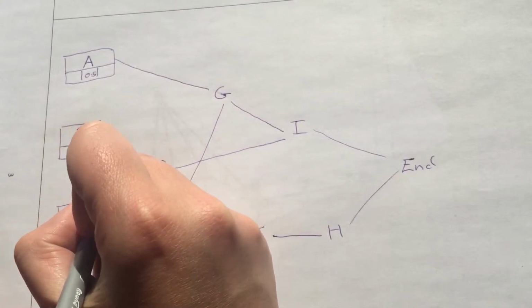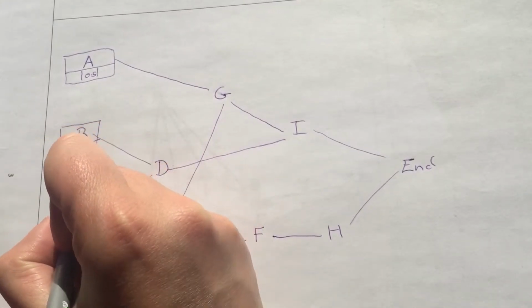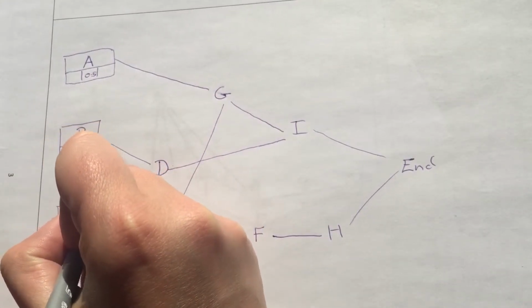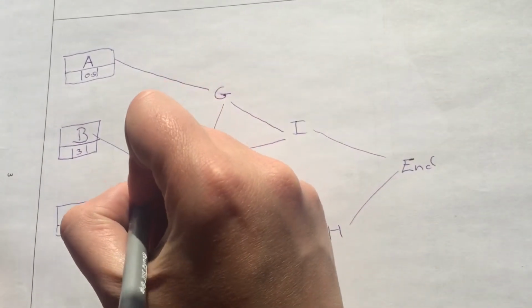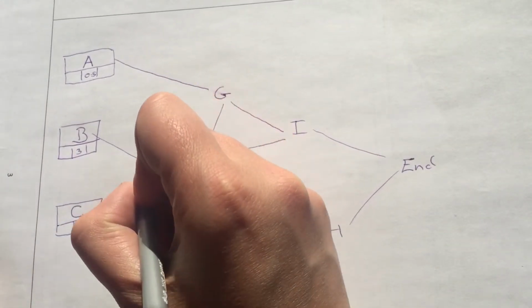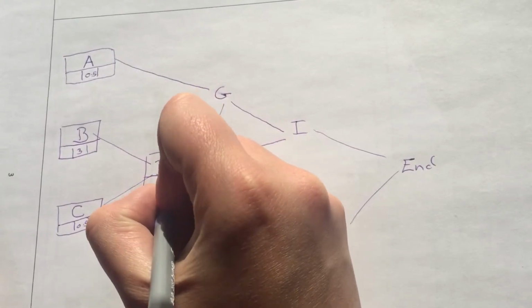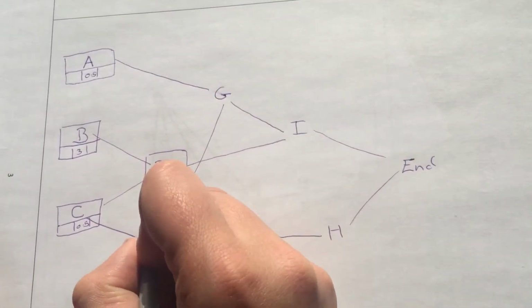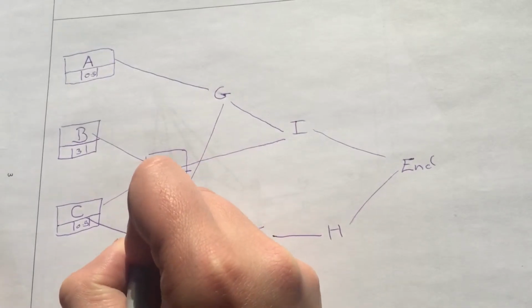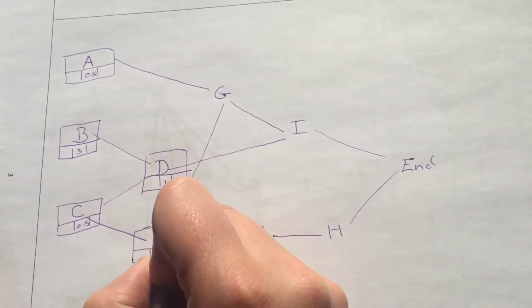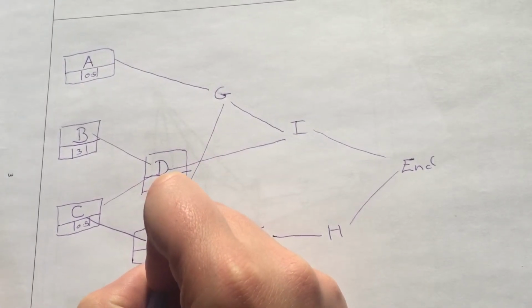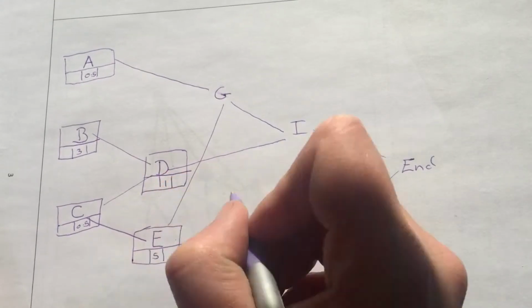C has a duration of 0.5. D has a duration of 1. E has a duration of 5.